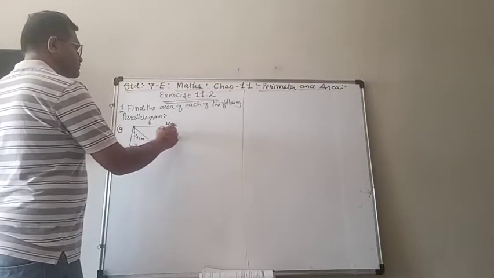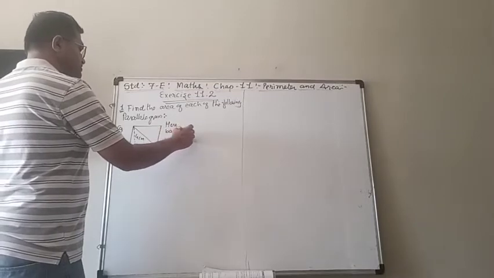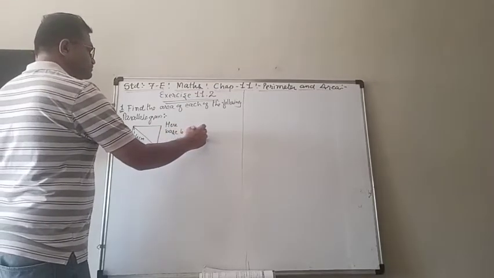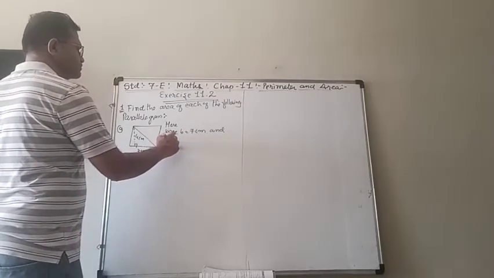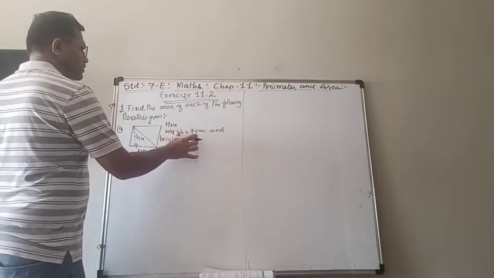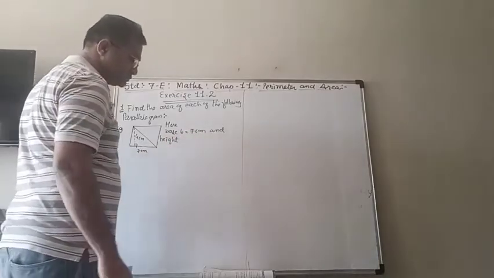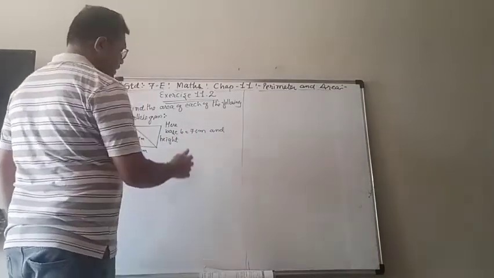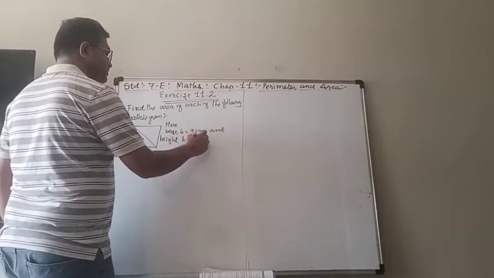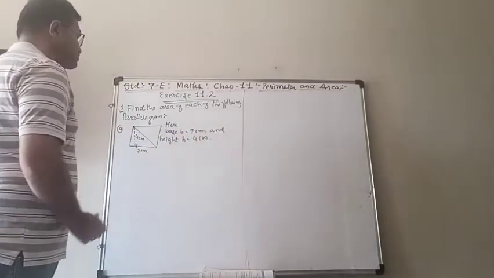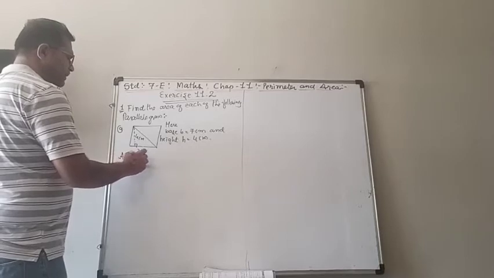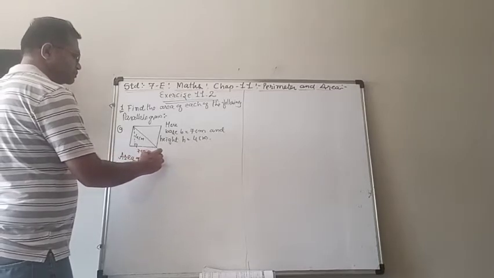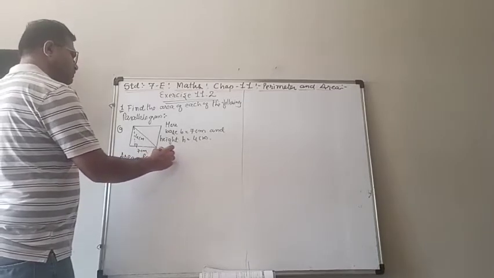So here base B is 7 centimeter and height H is 4 centimeter. So now we have to find the area. Area of parallelogram, what is the formula?